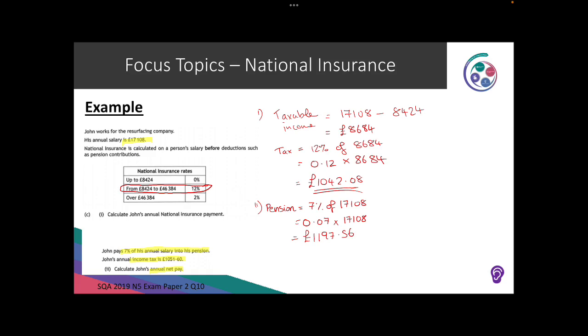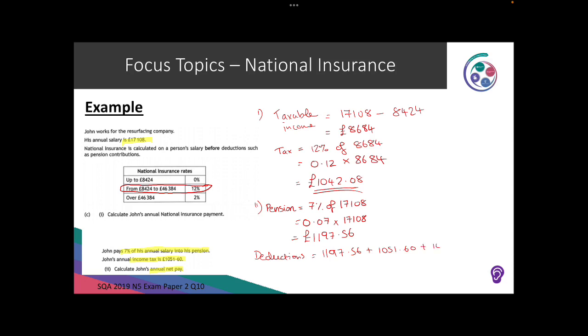Now we're asked for his annual net pay. We've worked out his pension, we're told what his income tax is, we've also worked out his national insurance from the part before. So we're going to have to work out his deductions in total. So his deductions are the pension, the 1197.56, plus his income tax, £1,051.60, plus his national insurance.